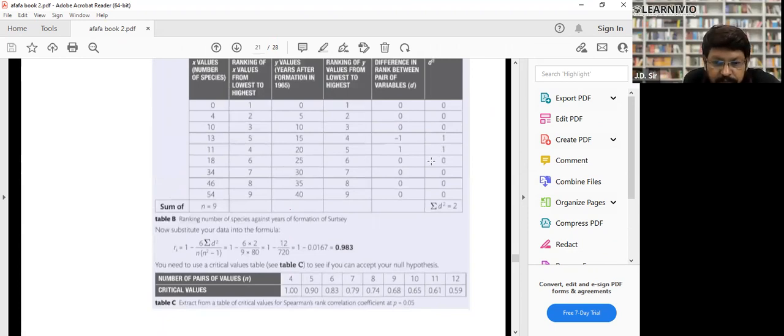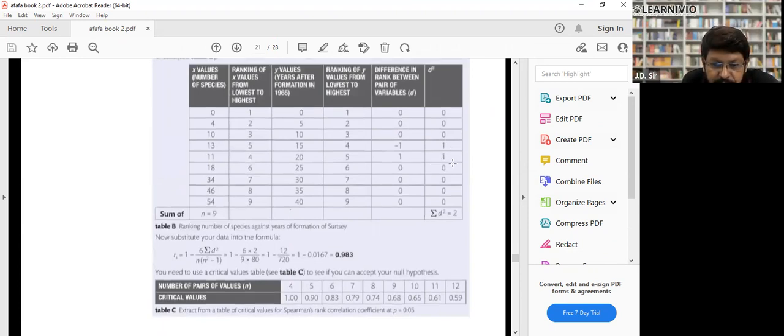Fine, look. There is a difference in the rank between the pairs.